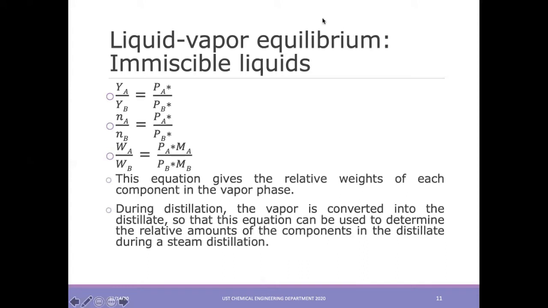This equation gives the relative weights of each component in the vapor phase. During distillation, the vapor is converted into distillate, so this equation can be used to determine the relative amounts of the components in a distillate during steam distillation.